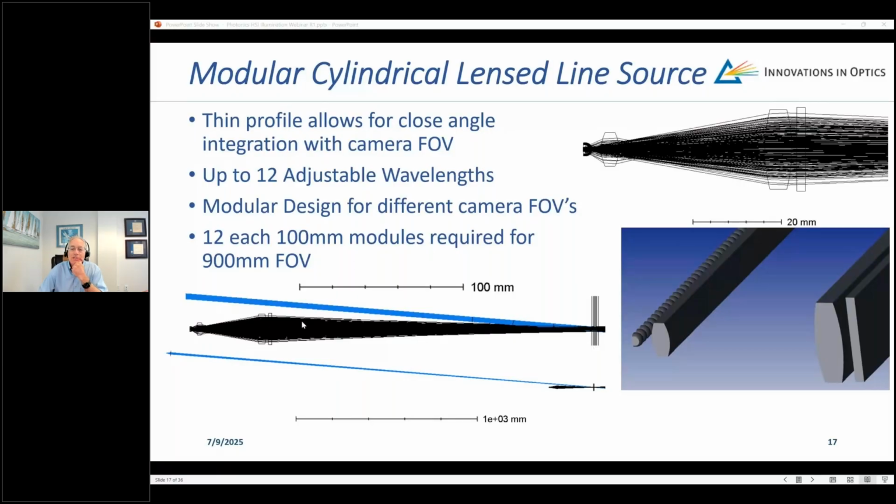One nice attribute of it is that it's very low profile in this dimension, allowing tight angle between the illumination and the field of view of the camera. However, the intensity goes down quite a bit with distance. So in this case, this was a 200 millimeter working distance.